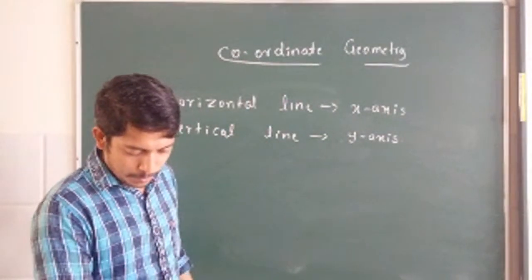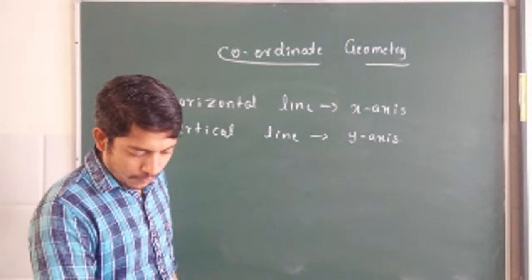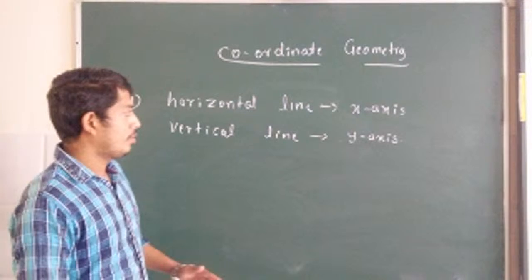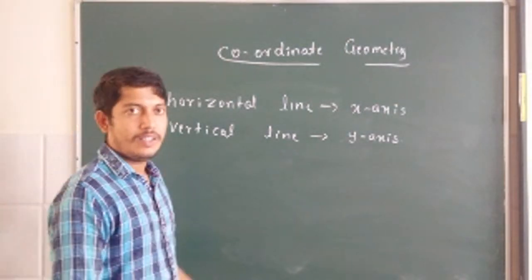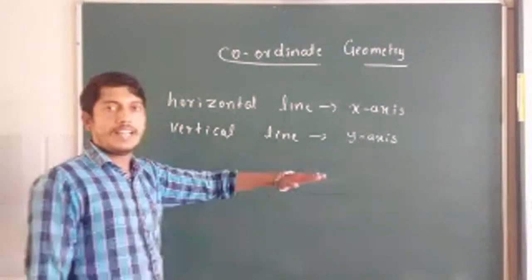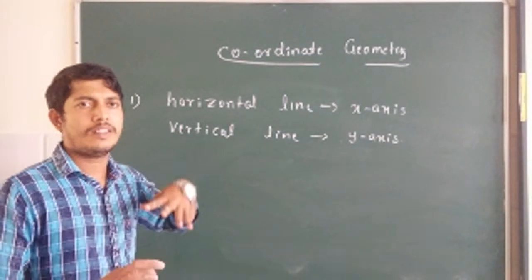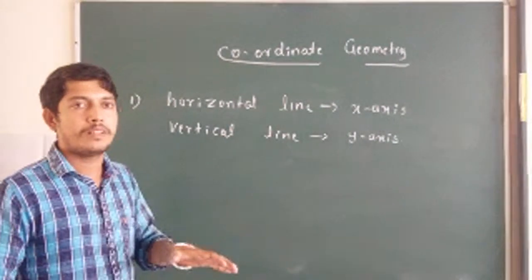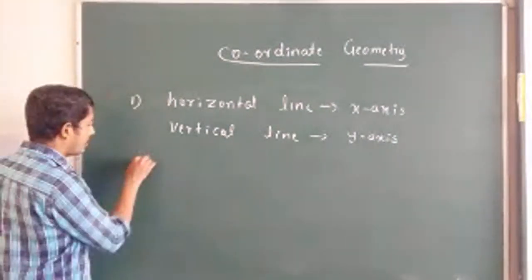Then what is the name of each of the parts of the plane formed by these two lines? So these two lines mean here x-axis and y-axis. That means the horizontal line and vertical line form certain parts, and we have to name the part.